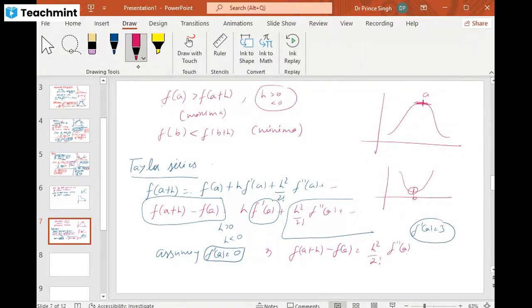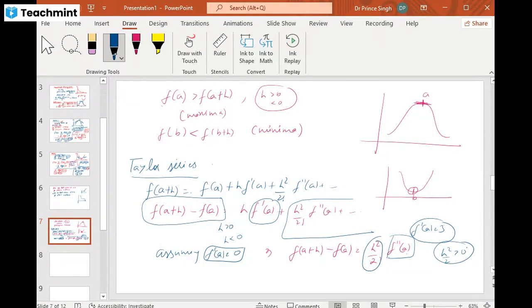Now we know that the square of a number is always positive, whether h is positive or negative. So the difference of these two terms only depends upon the value of f double dash a, because the square of a number is always positive and 2 is also positive, so this term is always positive.